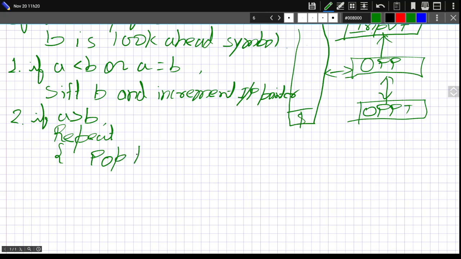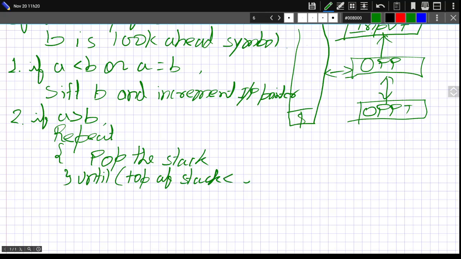You will pop the stack until the top of the stack is less than the recently popped element.